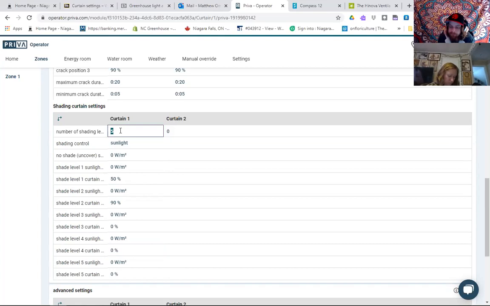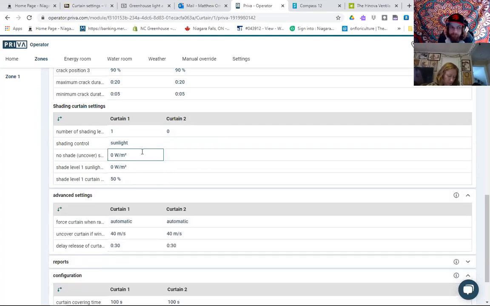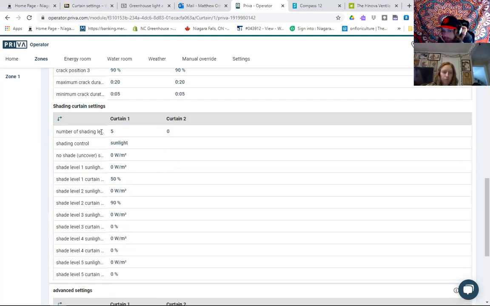So you want to select the shading levels. You can set that here. I think it's 1 to 5. The more levels that you have set, the more conditions have to be met, and the curtains will cover the crop in stages rather than in one fell swoop. So you can control the shade curtains based on sunlight or temperature or both.